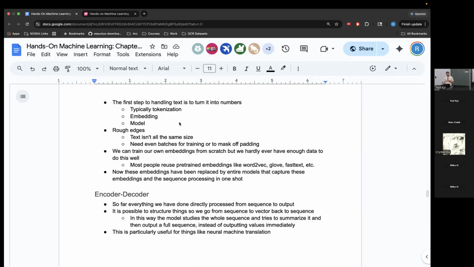So in reality, what a lot of people do is they reuse pre-trained embeddings, pre-trained vectors. There's word2vec, GloVe, fastText. There's a few other ones. What you do is you just download these, and someone has pre-trained these to be very strong representations of words.